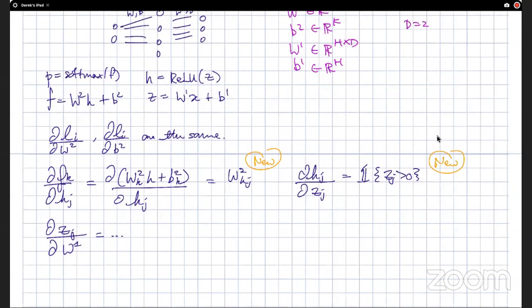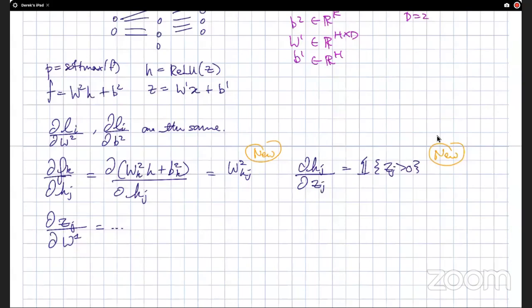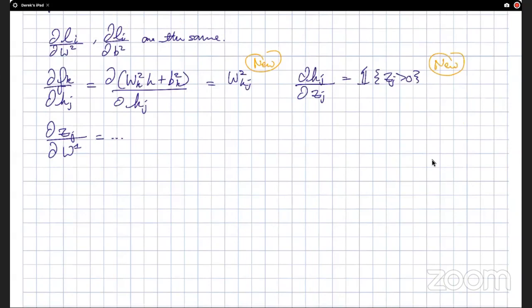Okay, so let's take a go at putting this all together in one way. Well, actually, okay, so we actually need to do it with respect to hj first. It's sort of important, right? So dLi over partial hj.